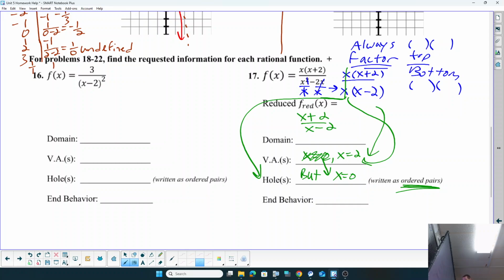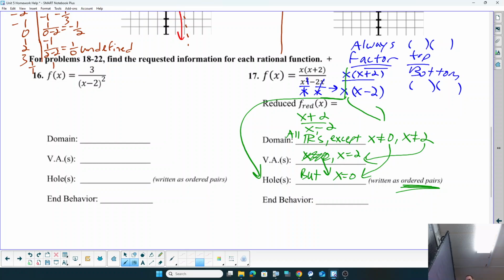So the domain is going to be all real numbers except x can't equal 0 because that's the hole, and x can't equal 2. Why? Because 2 is a vertical asymptote and 0 is the hole.